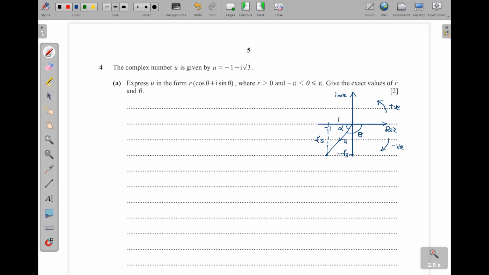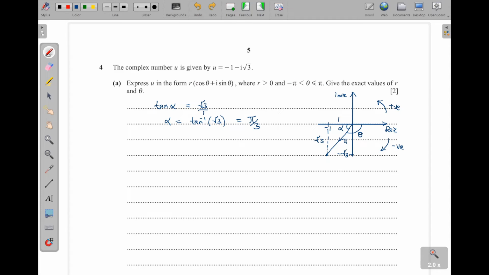Since this is the opposite to this angle and this is the adjacent, using SOHCAHTOA, I will be using TOA, tan, opposite and adjacent. So tan alpha is going to be equal to the opposite, √3, over the adjacent, 1. So alpha is going to be equal to the arctan of √3, which is 60 degrees. That I can write as pi over 3, because the range given for theta is in radians.